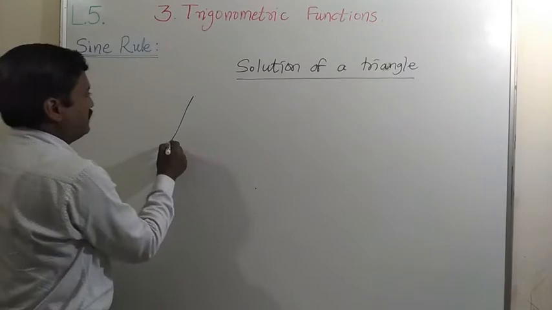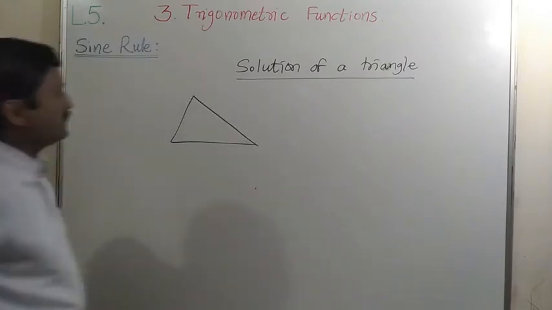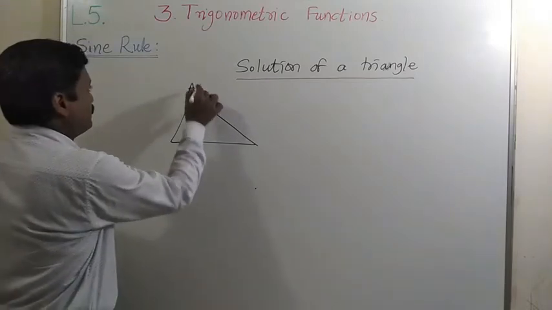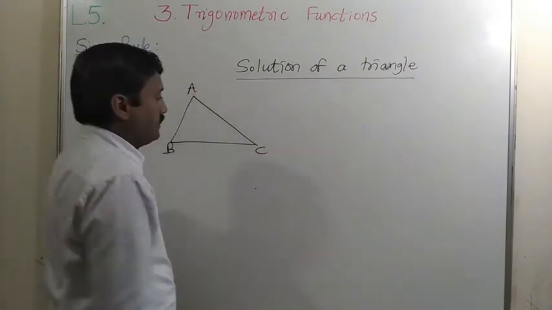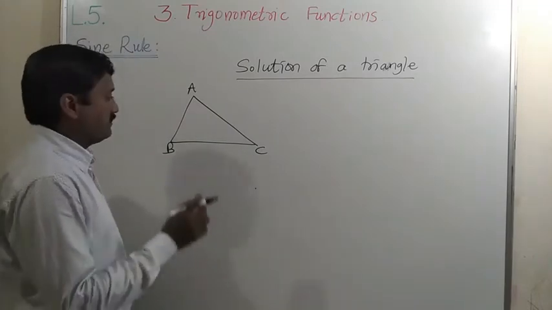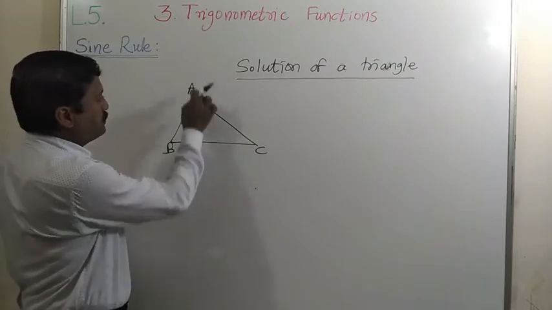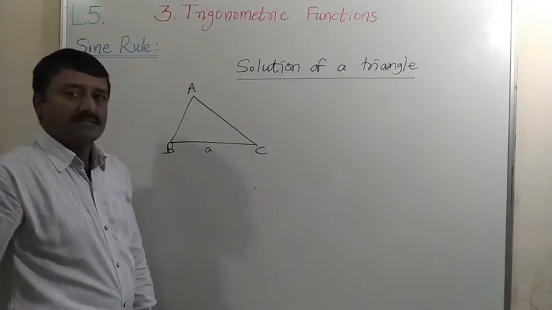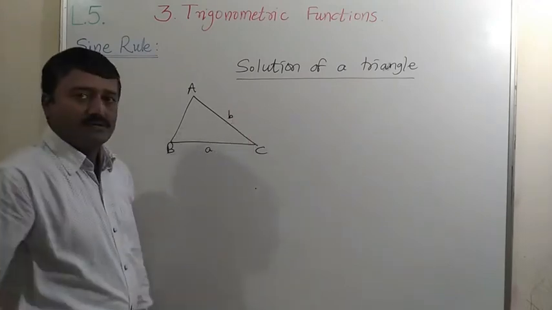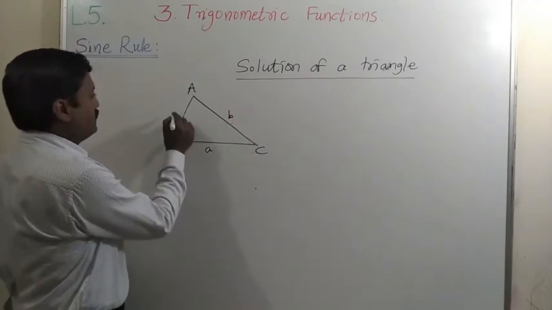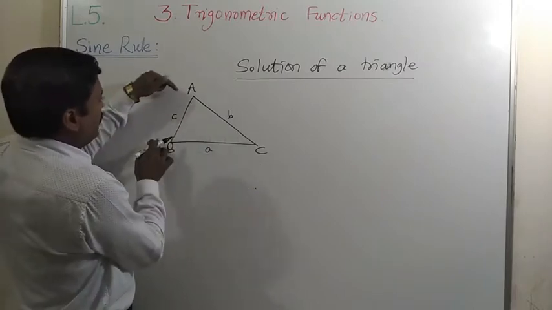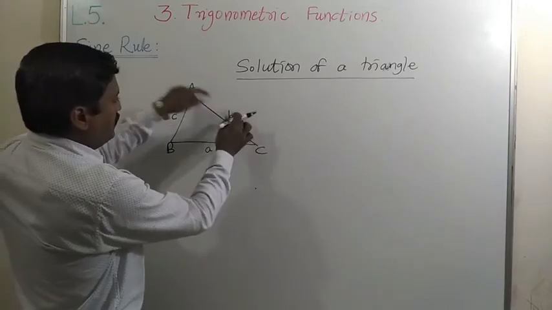If you consider any triangle ABC, conventionally, by the symbols given by the great mathematician Euler, the length of the side opposite to angle A is considered as small a. The side opposite to angle B is denoted by small b, and the side opposite to angle C is considered as small c. So a is the length of BC, AB will be small c, and the length of AC will be small b.